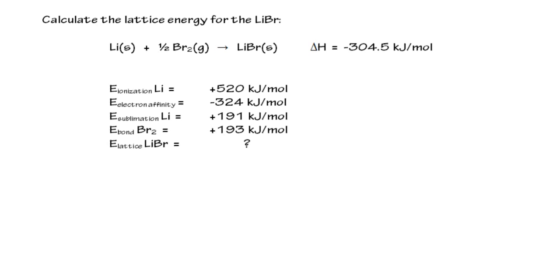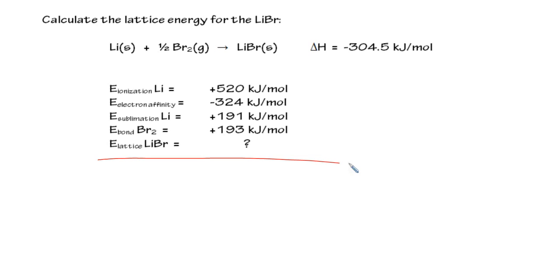The overall energy change for the formation of lithium bromide is negative 304.5 kilojoules per mole. Okay, so when I add up everything that has to take place in order to get from the lithium and bromine elements to the lithium bromide compound, here's the overall energy change.